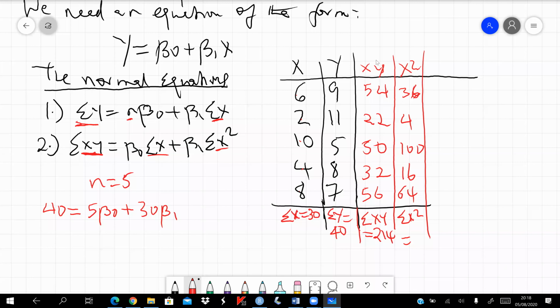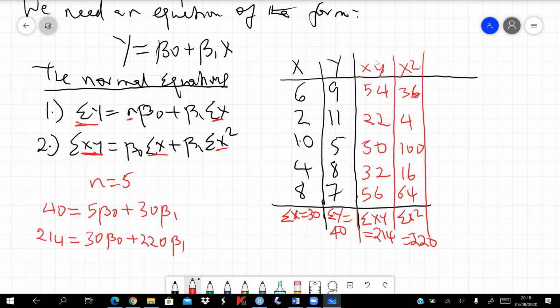The sum is 220. Right, so the second normal equation will look like this: 240 is equal to summation of X, which is 30, plus 220.